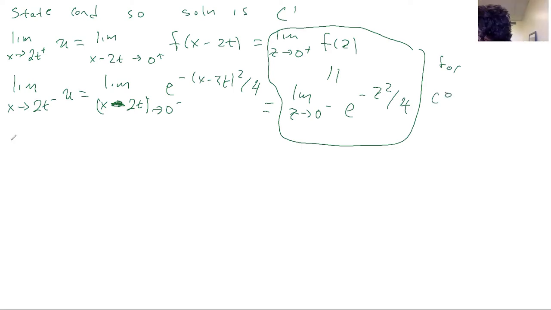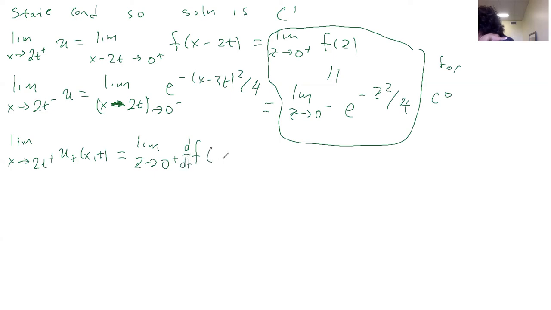Well, what about the limit as x goes to 2t from above of u sub t of x, t? That's going to be the limit as z goes to 0 from above of d/dt of f of x minus 2t, where we've taken z to be equal to x minus 2t.